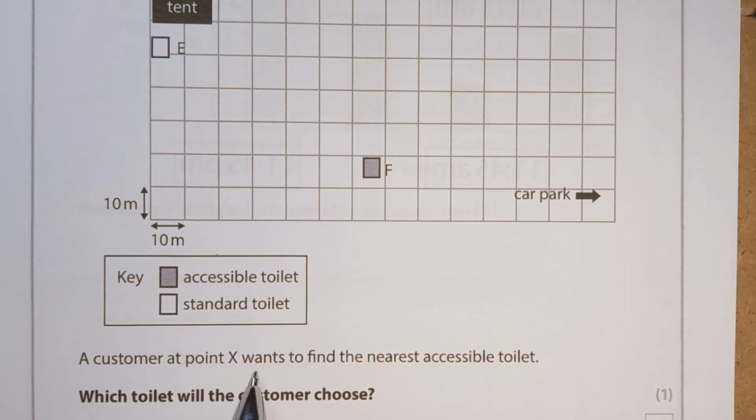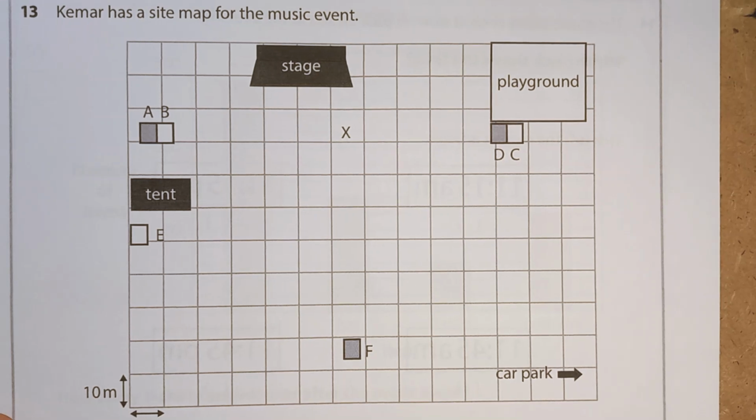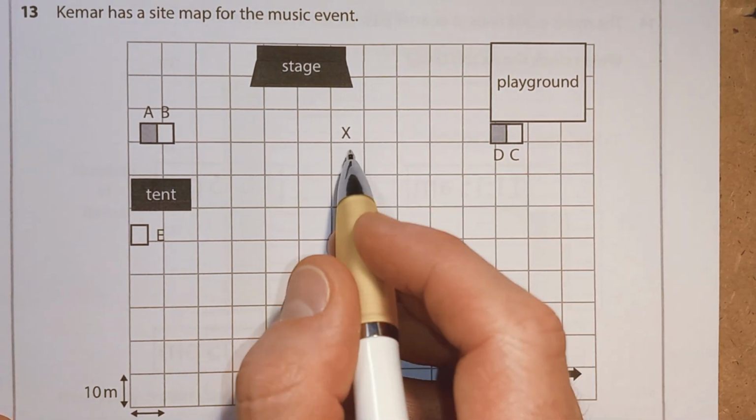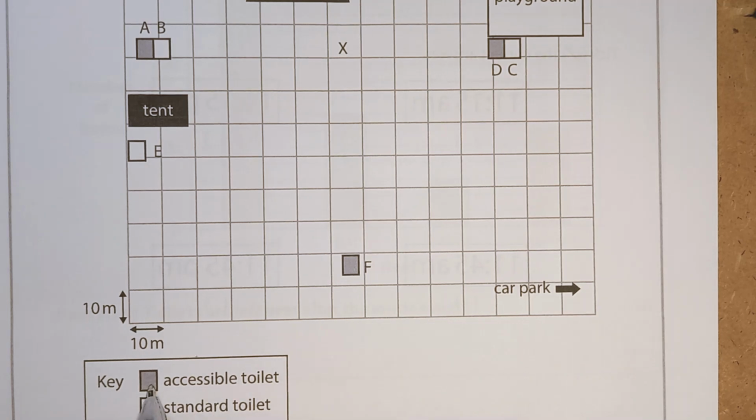A customer at point X wants to find the nearest accessible toilet. Which toilet will the customer choose? Right, so they are at X here, and they want an accessible toilet. If you remember, those were these ones.